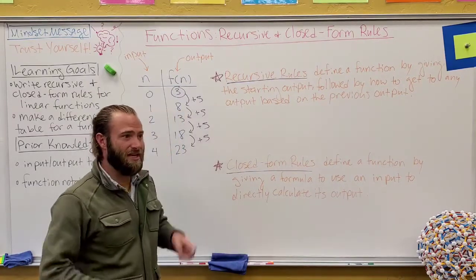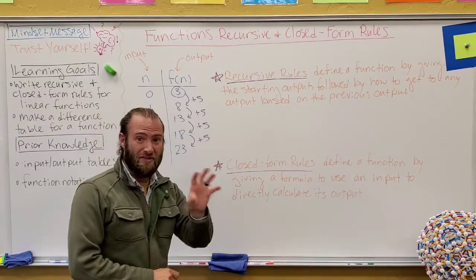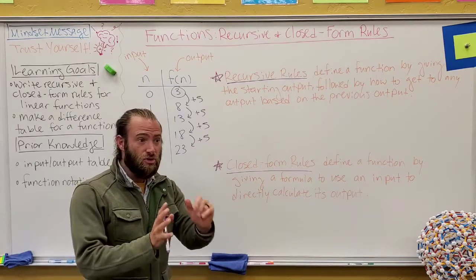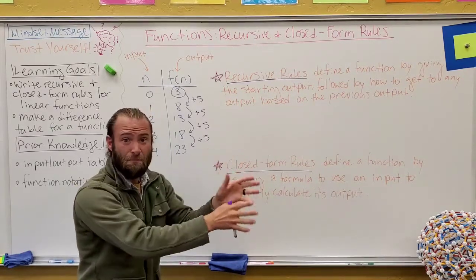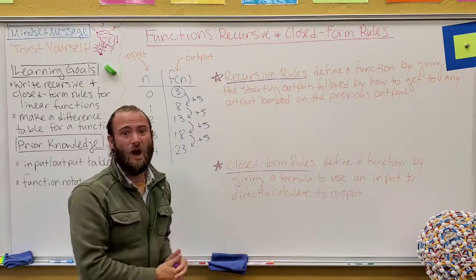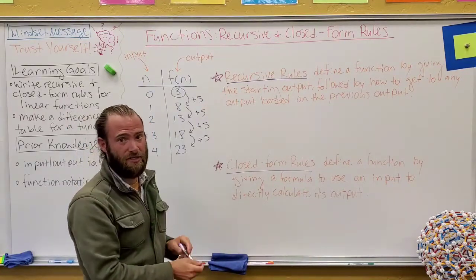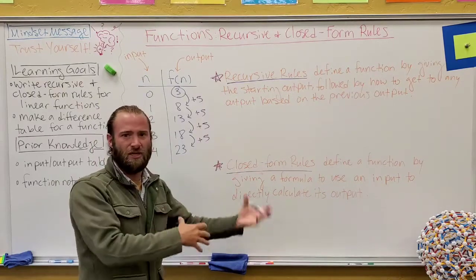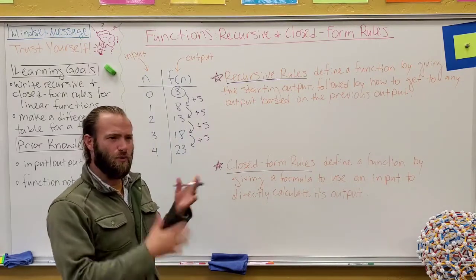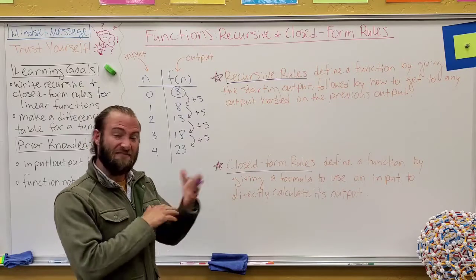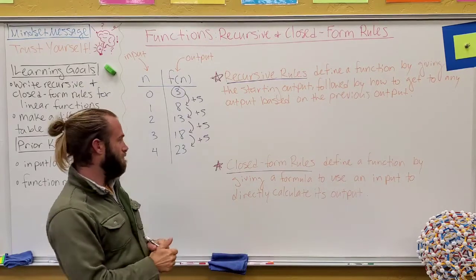So essentially what we want to say is, can I use whatever the input is, plug that input in directly to calculate what its output is going to be? That's not the way that a recursive rule operates. So let me show you how to write one, then I'll give you an example to practice on your own, and then we'll talk a little bit about some of the advantages and disadvantages of each one of them.